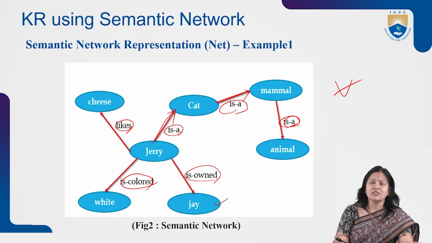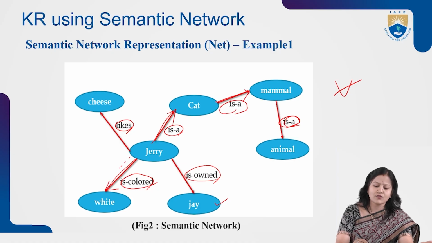In each sentence you have to find what are the classes and what are the subclasses. Actually in this example there is only one attribute, that is Jerry is colored white. So instead of this bold red line, you can create a dotted arrow mark. In many websites and in the textbook also I have seen this.